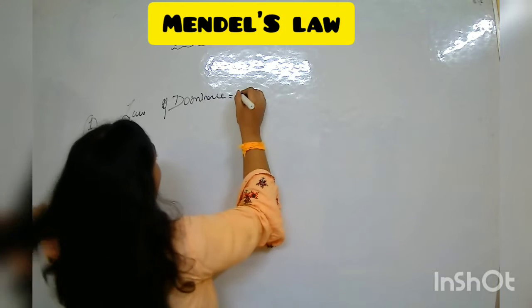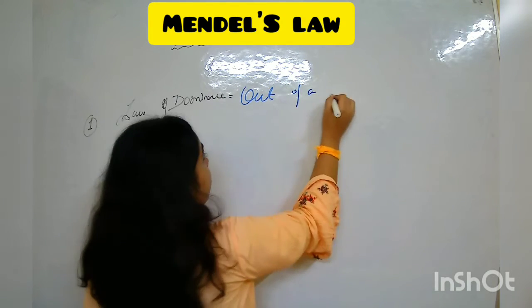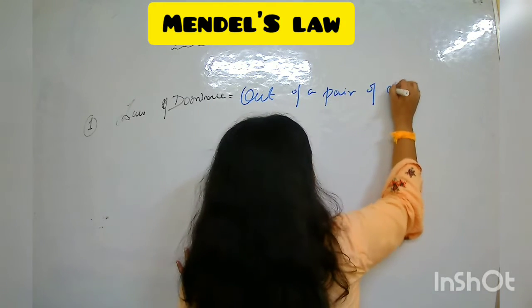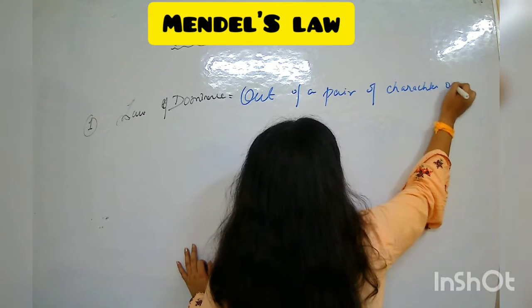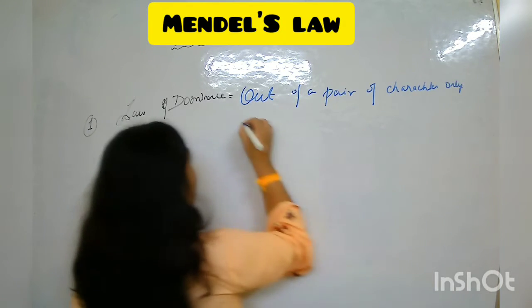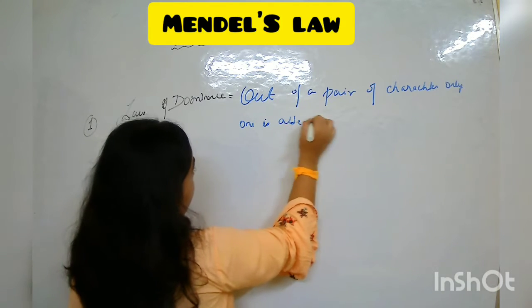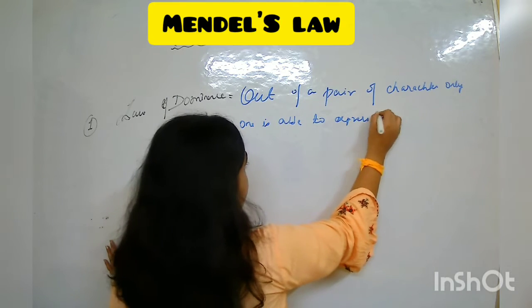Write it. Out of a pair of characters, only one is able to express itself.